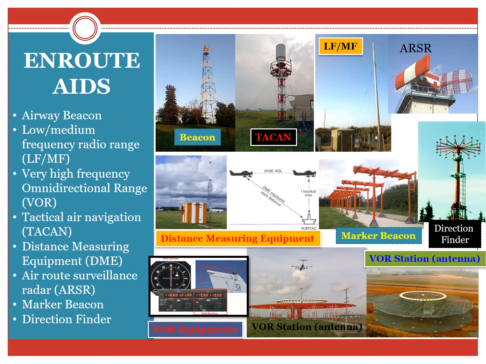Next is the Air Route Surveillance Radar, ARSR. And the last are the marker beacons and the direction finder. So I have tried to sum up all the figures in one PPT for your understanding of these en route aids.